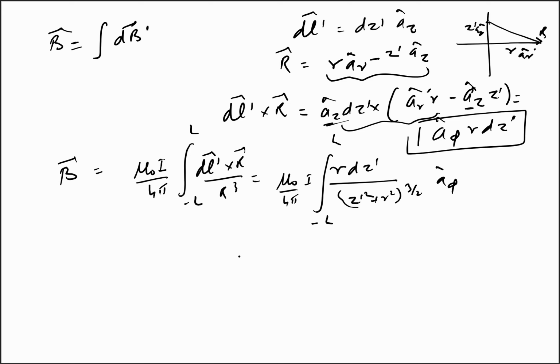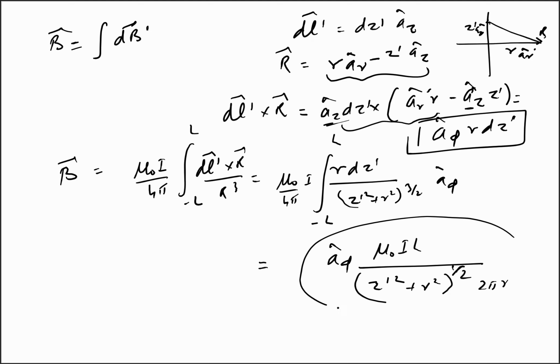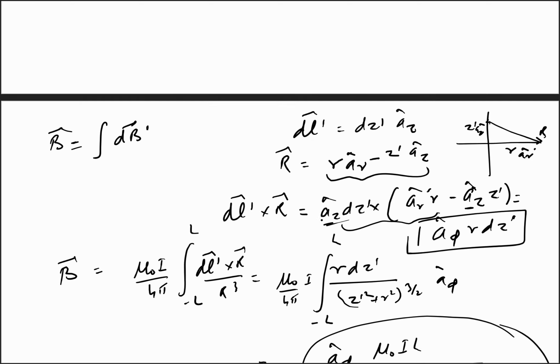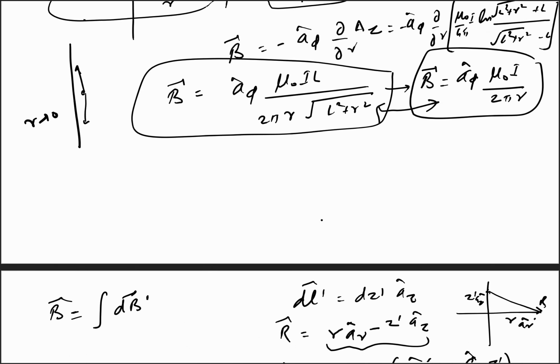On solving, it is simply aφ μ0 I L over √(z' squared plus r squared) into 2π r. So it will be the same which we have calculated earlier.